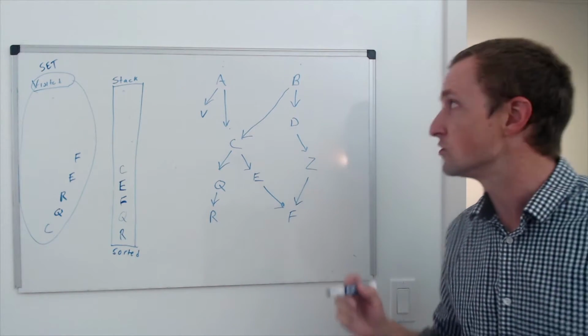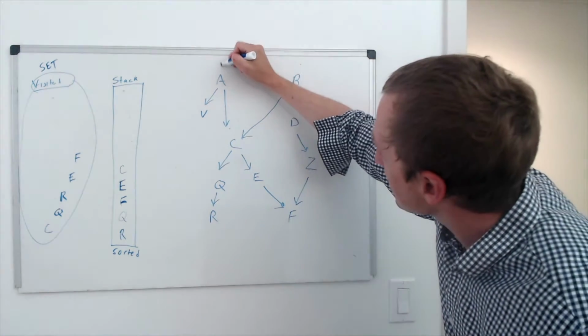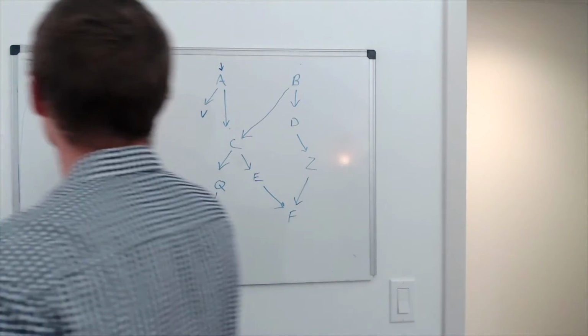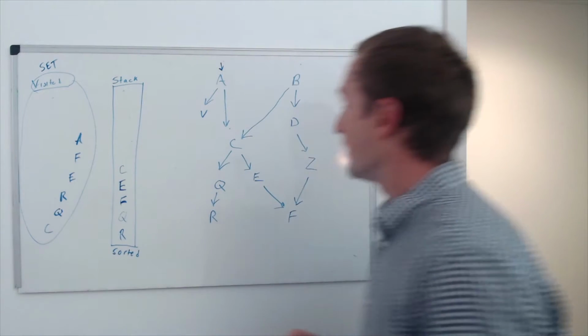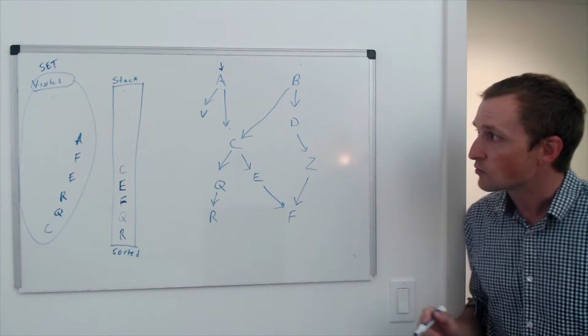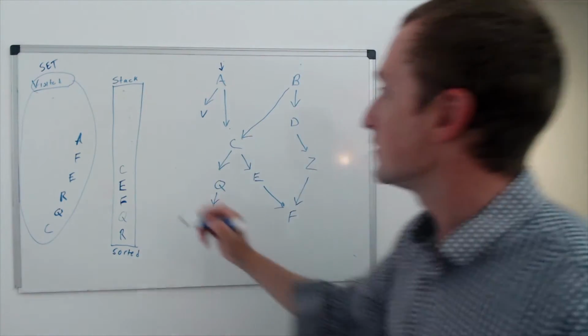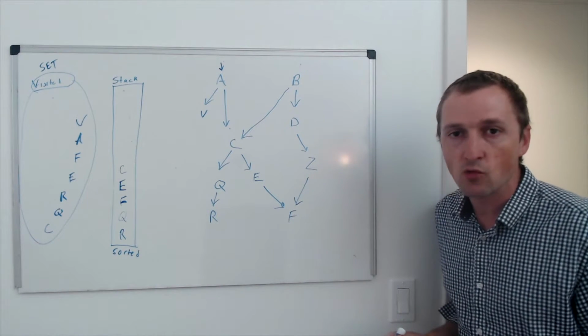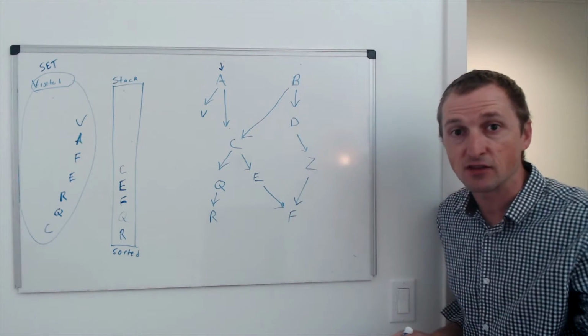So we'll choose, let's say, A. We will add A to the visited set, and then does A have any children to visit? Yes, A does. We'll go down this route to V. We'll add V to the visited set because it's not in the set yet. Does V have any children?